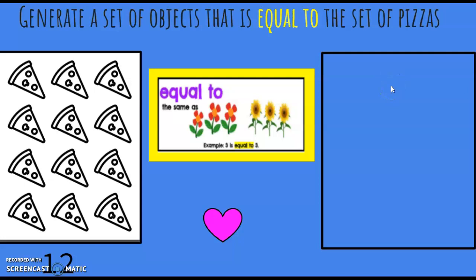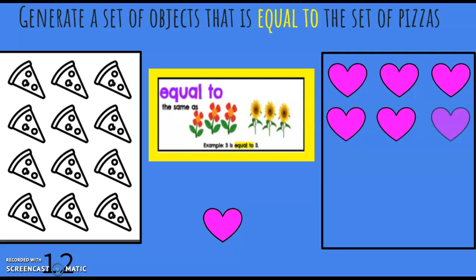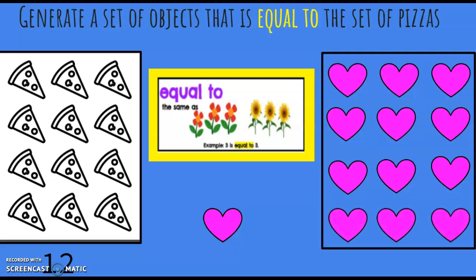Good job. So how many hearts do I need to put here when I generate my set or make my set? If I want to make the pizzas equal to my hearts, how many hearts do I need to get if I want the same? I need 12. Okay, so let's count and make sure we have that. Ready? 1, 2, 3, 4, 5, 6, 7, 8, 9, 10, 11, 12.